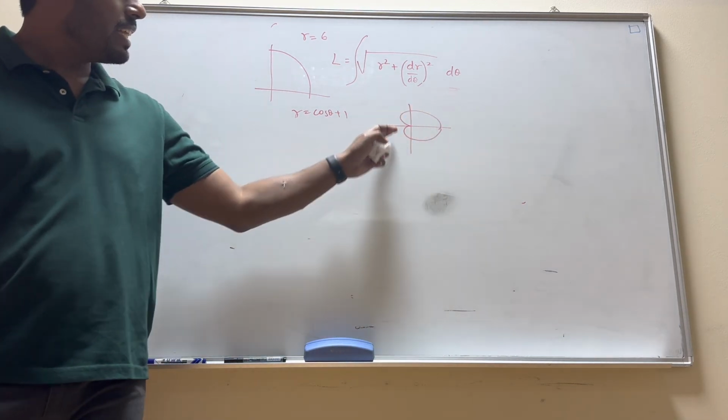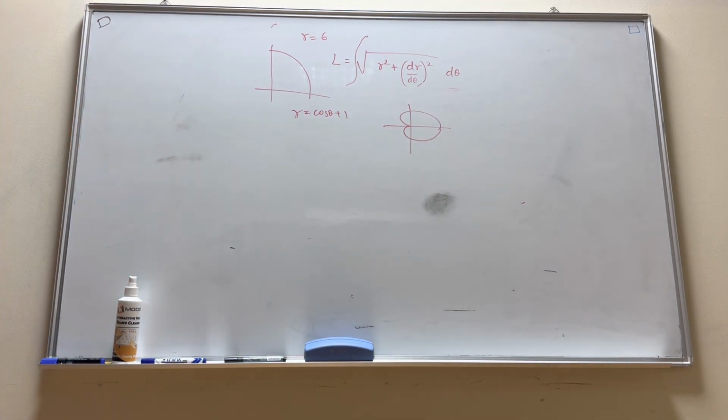Get me the length of the entire shape. Oh, wait. Okay. Get me the perimeter of this shape.